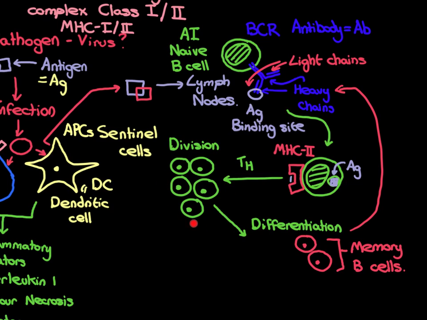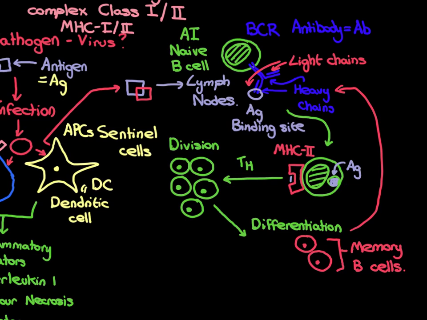If they all differentiated into effector B cells, what would happen? Effector B cells do not live that long, nowhere near as long as naive B cells. So within a few weeks to months, all the effector B cells would have gone, and then you would have lost the entire clone. Of course, the bone marrow is still producing new B cells, so there is the possibility that we would create it again, but it's a chance, basically.